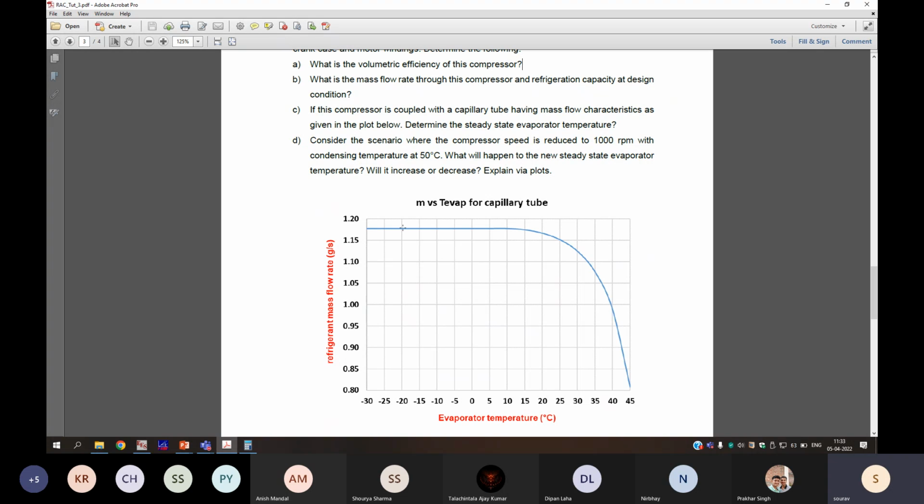If the mass flow rate drawn in by the compressor is less than what the capillary tube can deliver at -20, then your next assumption should be a higher evaporator temperature, because higher evaporator temperature will increase the mass flow rate drawn by the compressor. So based on which side you lie with respect to this plot, you have to make the next guess.